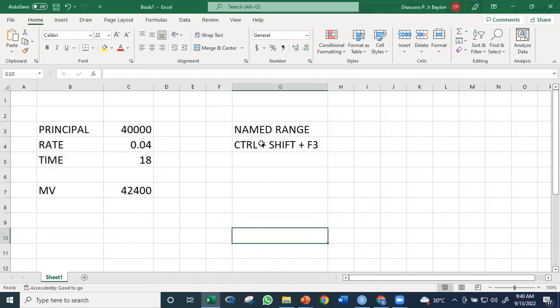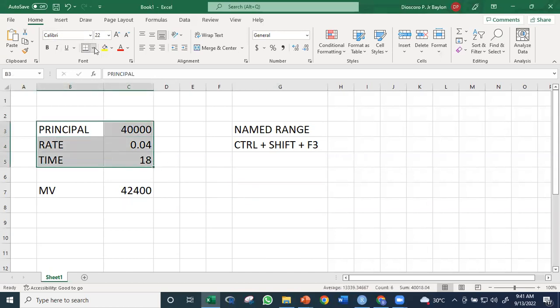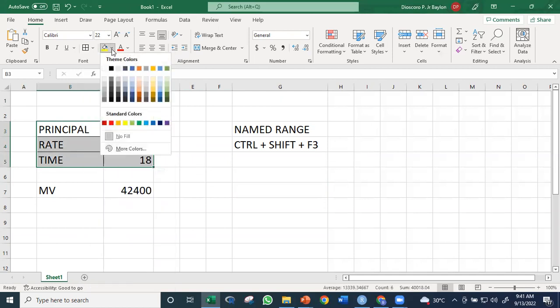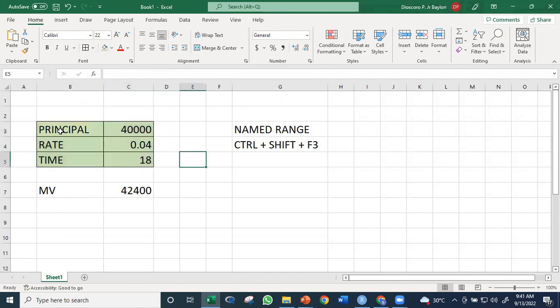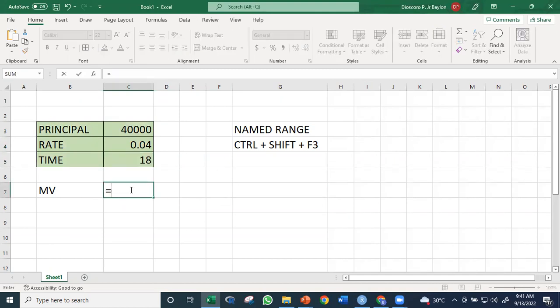So Windows has Control Shift F3, and automatically this cell is already named principal, this cell is named rate, and this cell is named time. Now this is especially useful if you keep on using these particular cells as absolutes. So if I delete this, let's now use this in a formula.